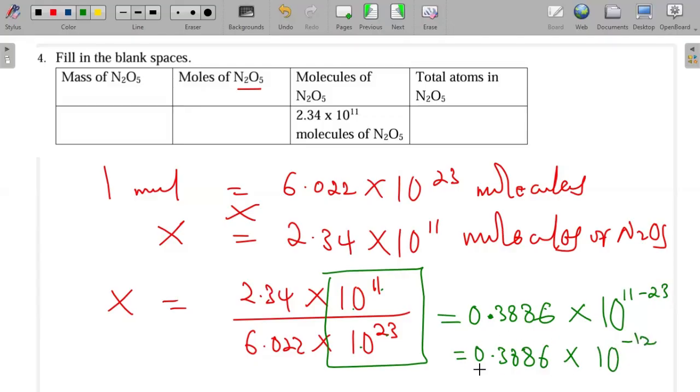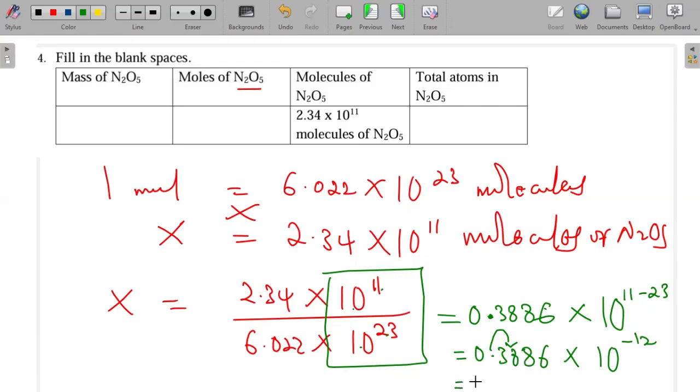Okay, but we want to represent this number in scientific notation. So we have to move this decimal place one time to the right like that. So if I move it one time to the right, it means I have to multiply by 10 to the power of how many times I've moved it, right?